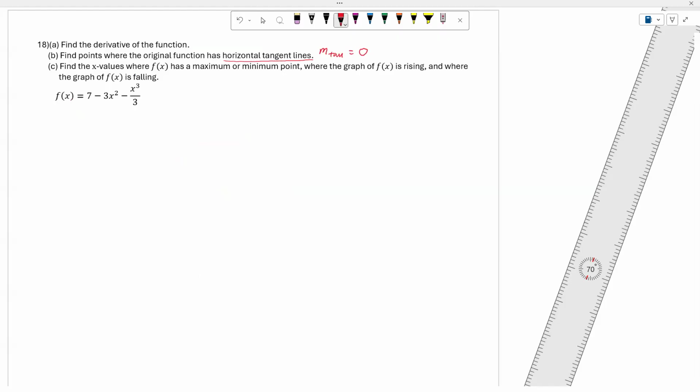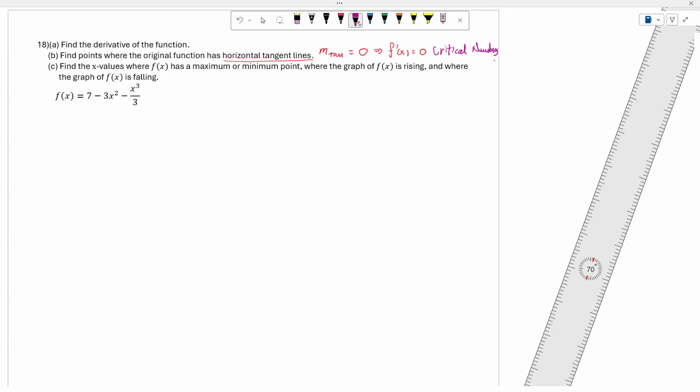Okay. Then in this case, it means that I would like to set f prime of x equal to 0. And remember from the last package, if I set f prime of x equal to 0, I'm looking for critical numbers. If I want to find the critical numbers, that is related to the local maximum and minimum.